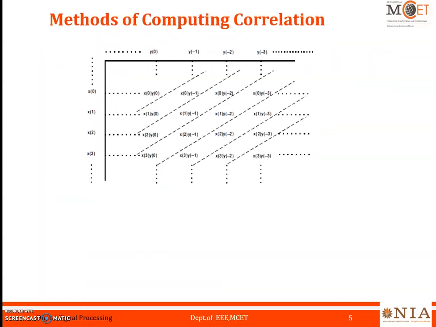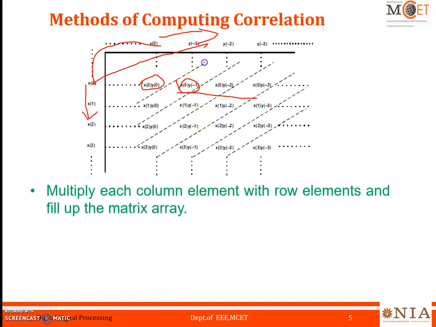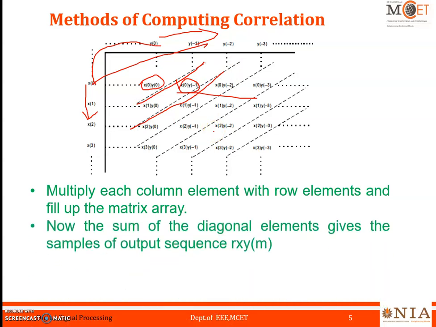See here, x of n is arranged here and y of minus n is arranged here. Multiply these two, you get the first cell value. Multiply these two, you get the second cell value. Same way for the others. Now you have to add the diagonal values, and you will get the output sequence of the cross correlation. This is the way you find the cross correlation or autocorrelation.